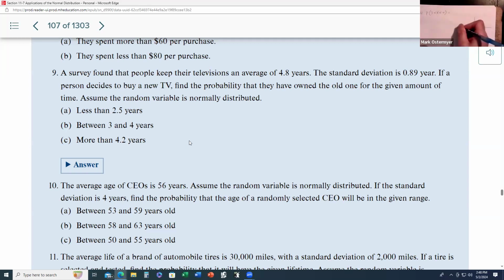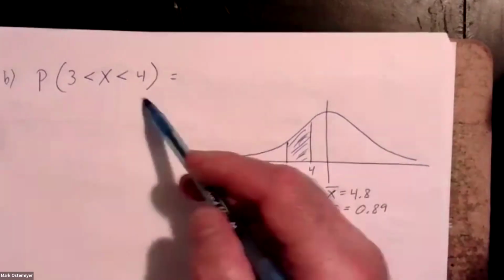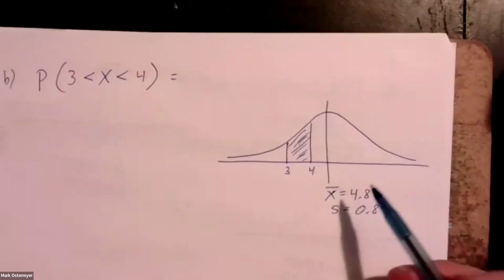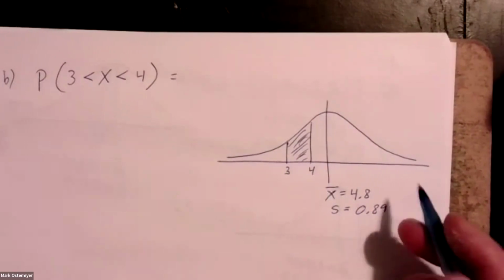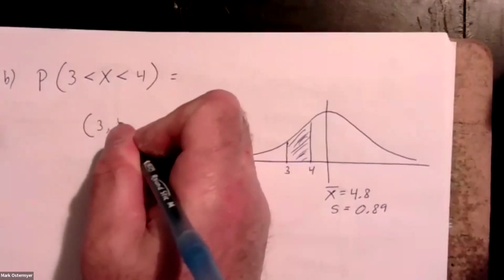Graphically, the mean is equal to 4.8 years, the standard deviation is 0.89, between 3 and 4 years. Therefore, this probability that we want to find is equal to this area here underneath this normal distribution curve, where the mean is 4.8 years and the standard deviation is 0.89 years. Our lower endpoint of this interval is 3, the upper endpoint is 4.